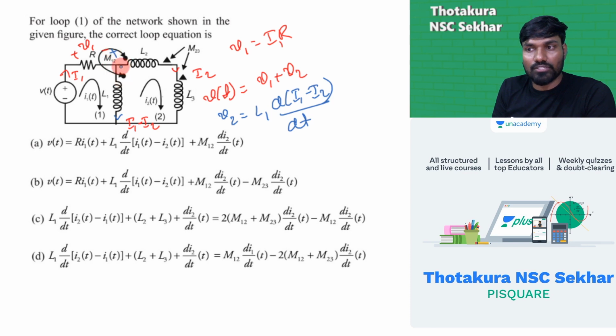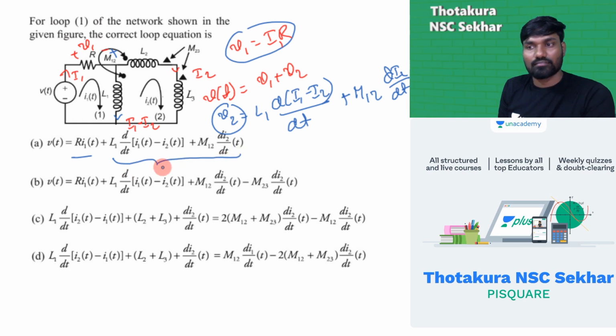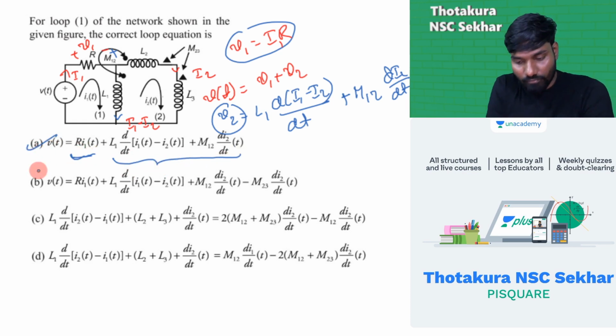Current entering is positive, and here also current entering, that's a dot. So positive coupling. So I'll have plus M12 into the current flowing in this, I2, d I2 by dt. This is the answer. V1 plus V2, so this is V1, this is V2. This is the answer.